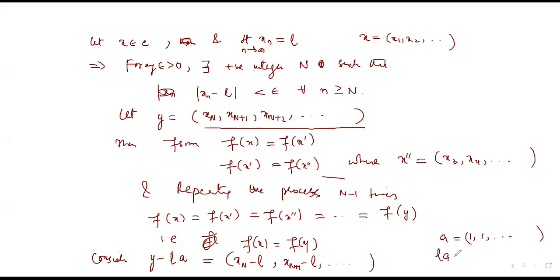It means L times a is L, L, L, L, और जब subtract करेंगे तो ये मिलेगा. Okay, we see that. इसके बाद norm of y minus this La is equal to supremum of j greater than or equal to N.